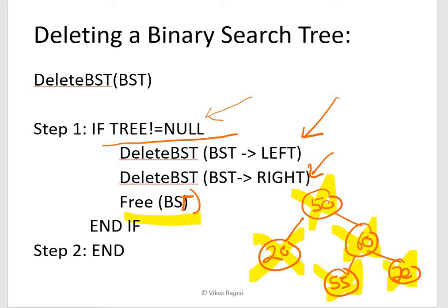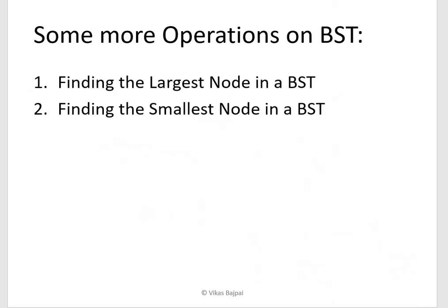Now we can have some more operations on this binary search tree. Let's take a couple more. What all options do we have? One is finding the largest node in a binary search tree. Another one is finding the smallest node in a binary search tree.